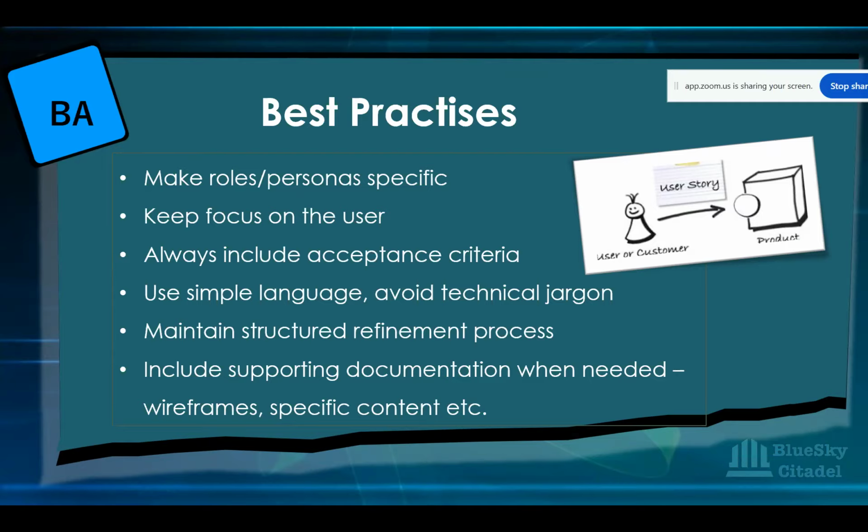You must have a user in mind and you must write it from that user's perspective. That's why BAs are very easy to work with, because we can put ourselves in multiple situations at the same time. When I talk with the PO as a BA, I put myself in the PO's place. PO means product owner.